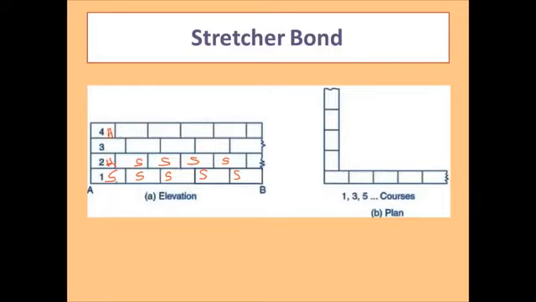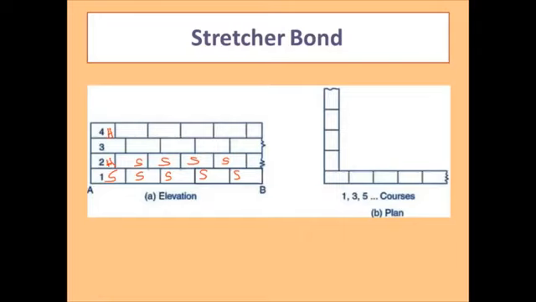Then, if you want to start the second course with a stretcher, what is the problem? Vertical joints will come in the same line. That's why instead of using a stretcher here, I must use a header. So in the second course, I am starting with a header, and beside that again I place stretchers because this is the stretcher bond.